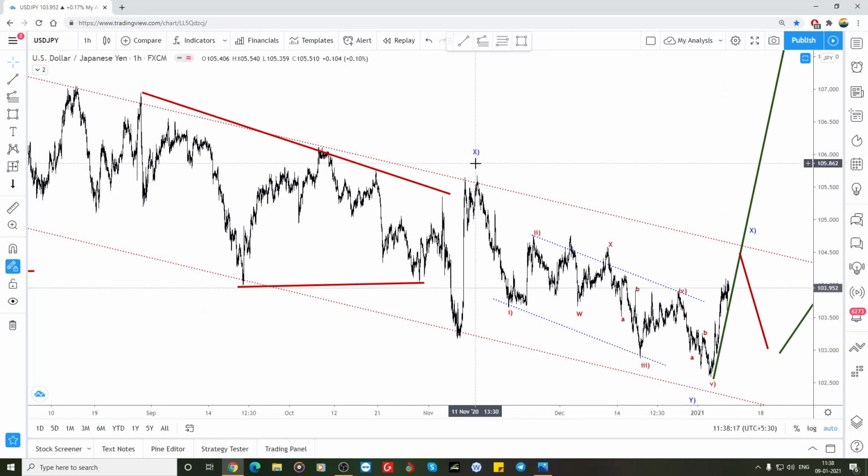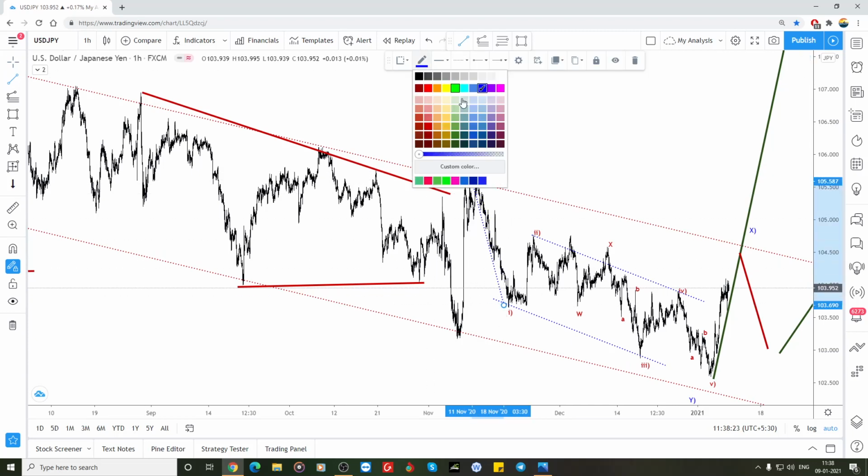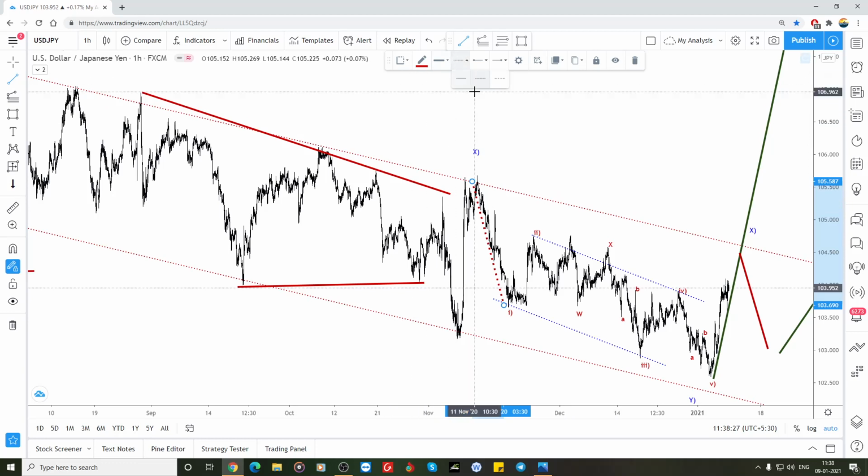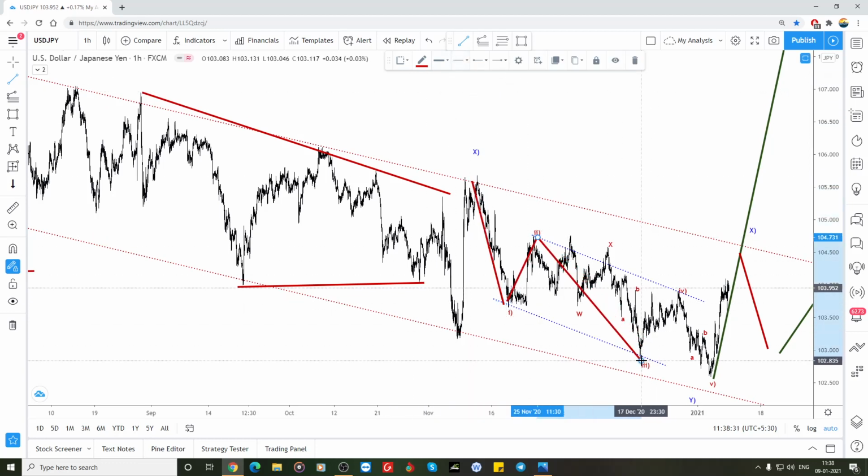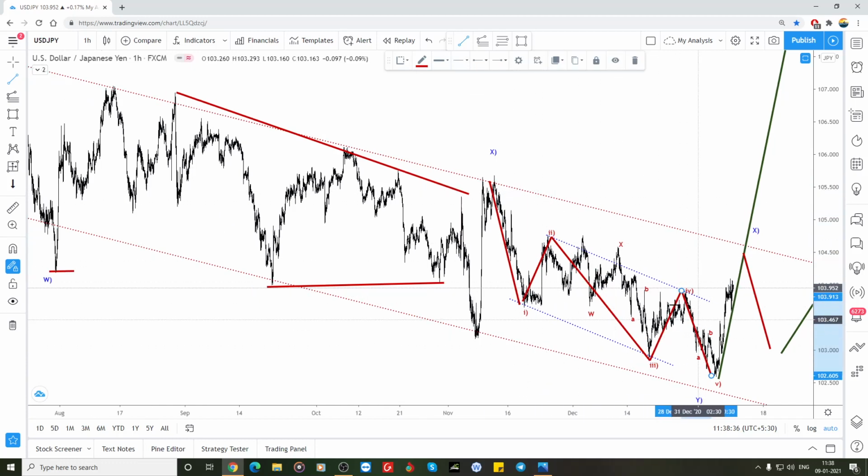So in this Y wave, it's a diagonal triangle pattern, and simply 1, 2, 3, 4, and 5. So this is what I call a 5-wave corrective structure.